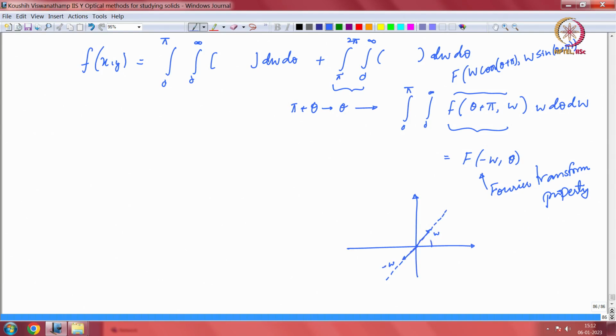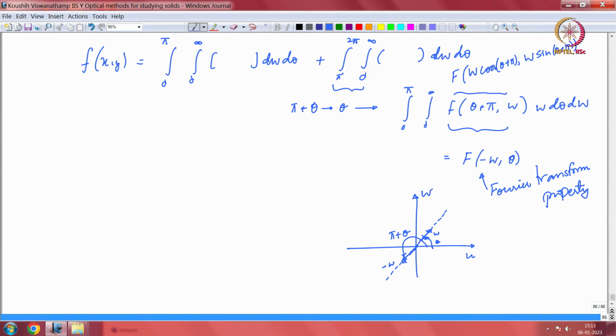Then w at theta and w at pi plus theta can be related: F at this particular point is the same as F of minus w at theta. Okay, that is what this says. This is u, this is v.